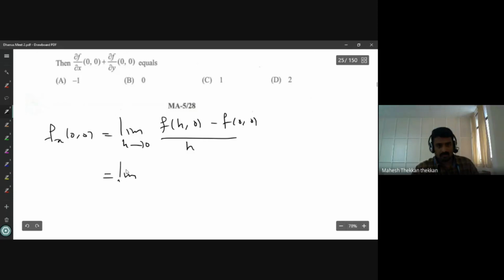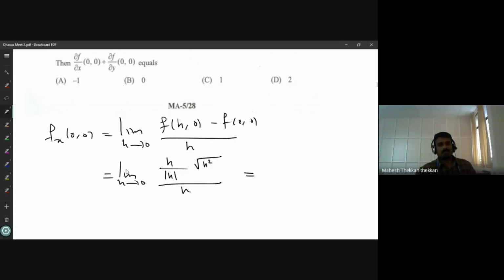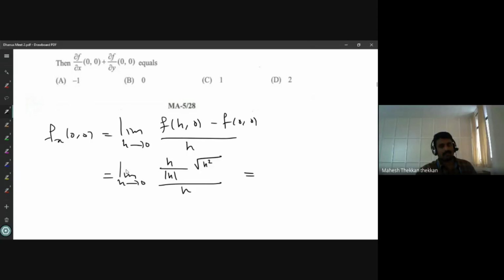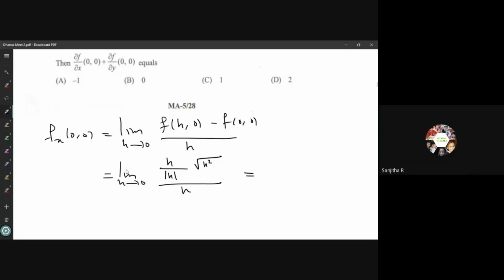Limit h tending to 0, h by h into square root of h square, whole divided by h. What is this value? Somebody tell me this value. What is square root of h square? Mod h. So both mod h will cancel, right? So this is nothing but a 1.